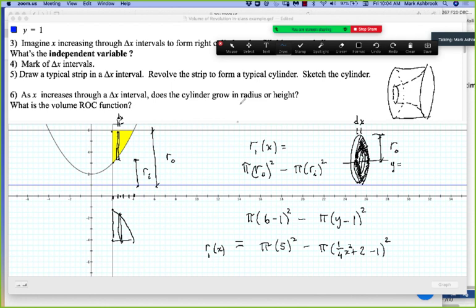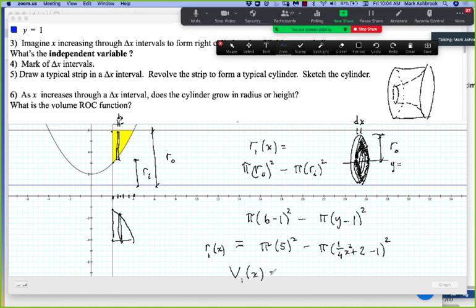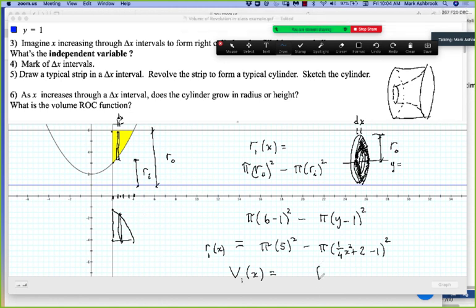And so then, how can we write the volume accumulation function? Call this v1, a function of x. We want to start accumulating from where? x equals 2. The first cylinder that looks like this is here at x equals 2, up until x.